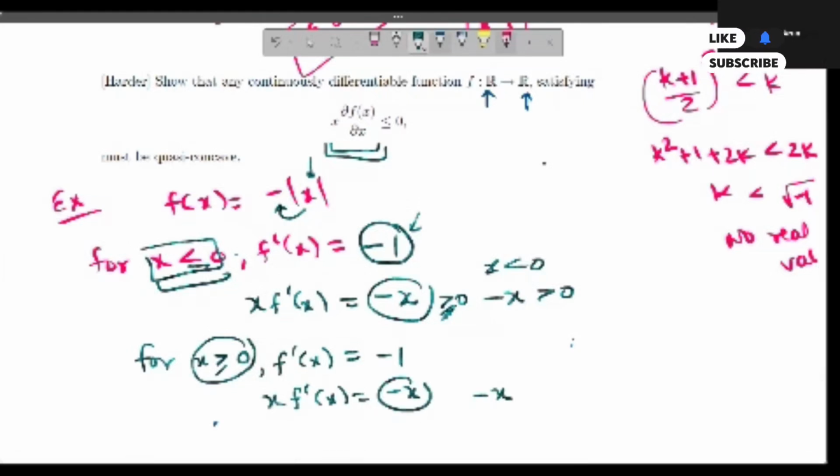Minus x is going to be less than or equal to 0. So firstly, you will say that this will be less than or equal to 0 only in the case when x is greater than or equal to 0, right?